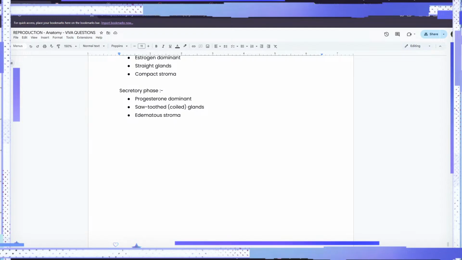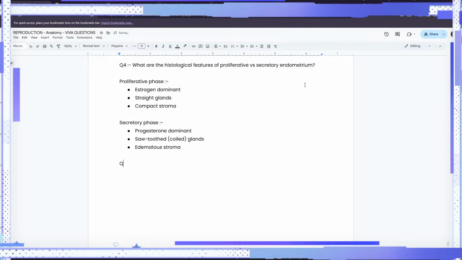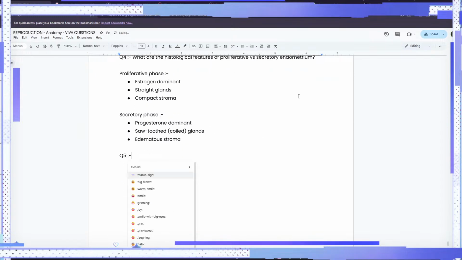Let's discuss the histology of the cervix, and then of course the vagina as well. Okay, next question: the histology of the cervix.